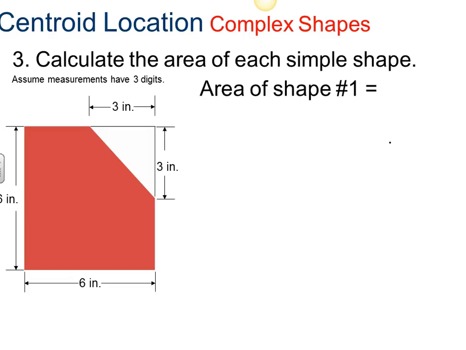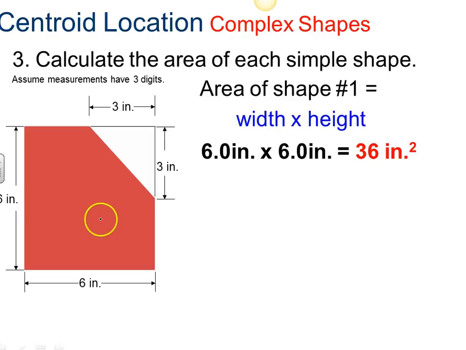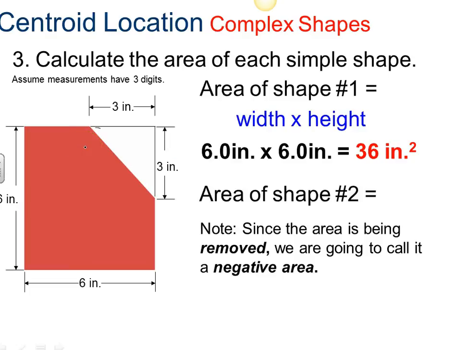First let's calculate the area of the simple shape. The area of shape number 1 is width times height, which is 6 inches times 6 inches. And we're assuming here, of course, that we've got an entire square, so this whited out area has not been removed yet when we do this calculation. So 6 times 6, 36 square inches.